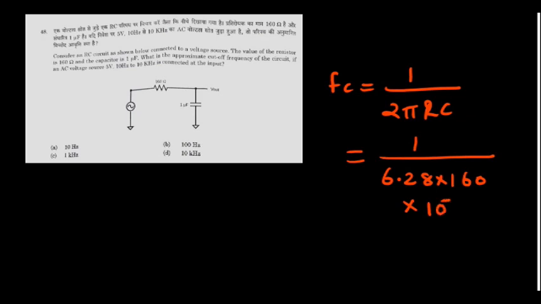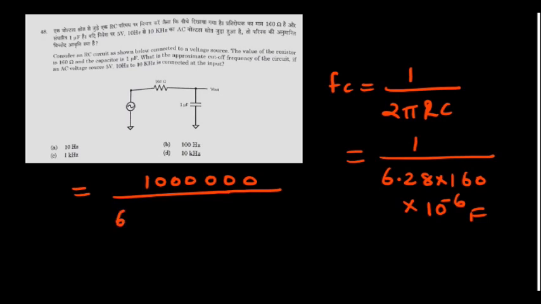So we can write it as 10 to the power minus 6 farad, which equals 1 upon this 10 to the power minus 6. Once it goes up, it becomes 10 to the power 6. So 3, 4, 5, 6 upon what is there in the denominator? 6.28 multiplied by 160. Now we have to divide this.